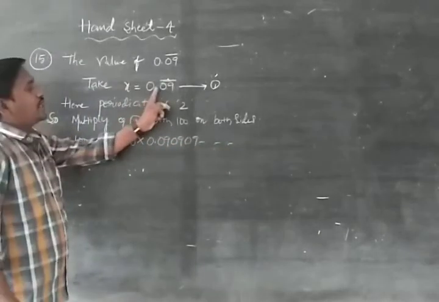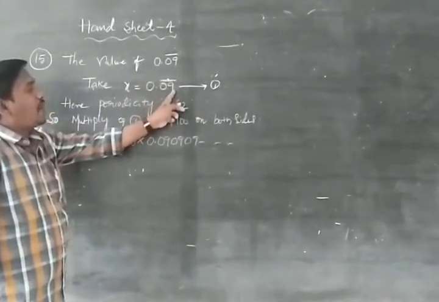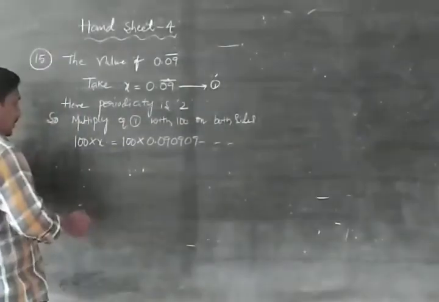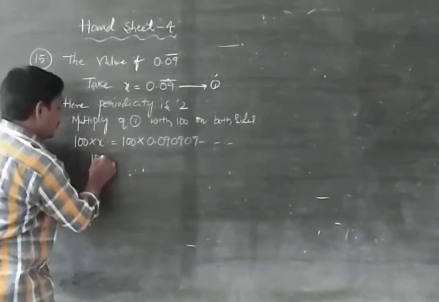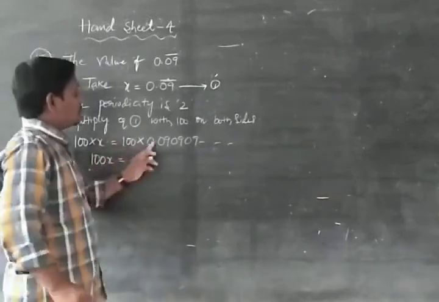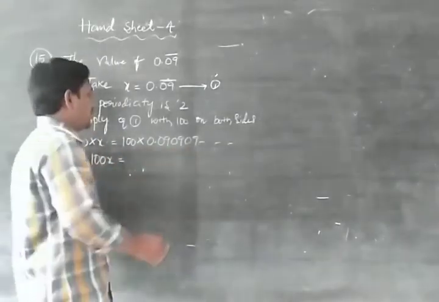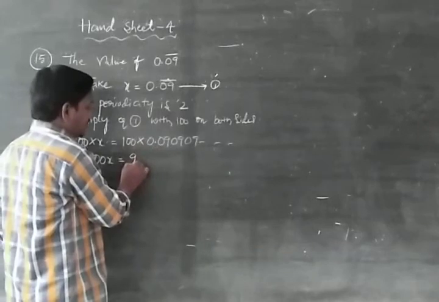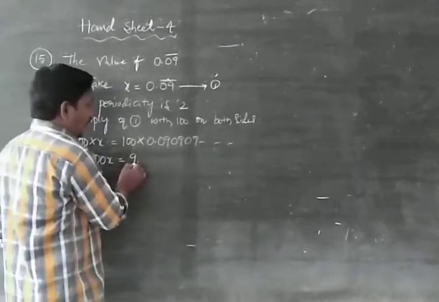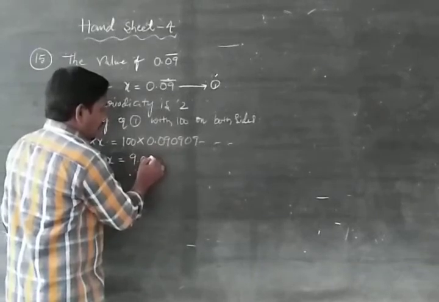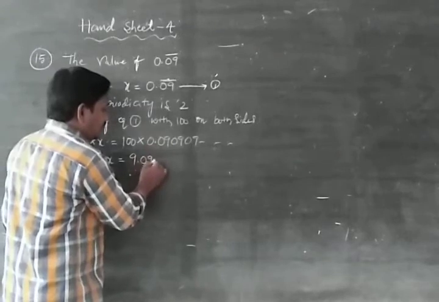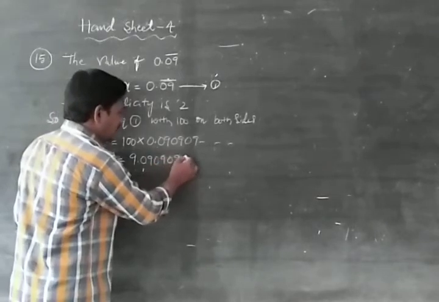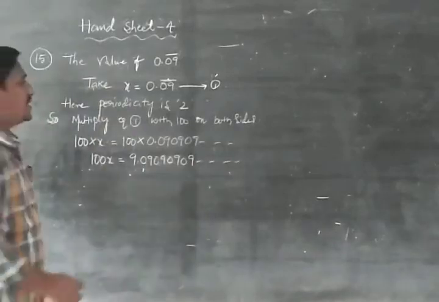The bar is on 0 and 9, so it repeats. So 100x equals 100 into 0.0909, where the point moves 2 places, giving 9.09090909, and so on. This is equation 2.